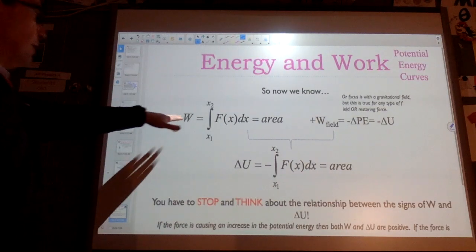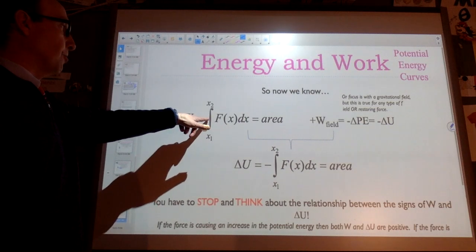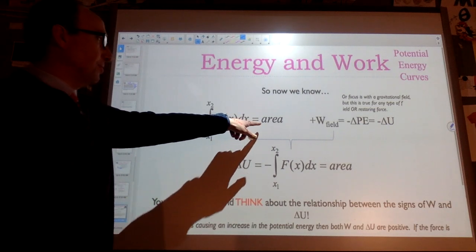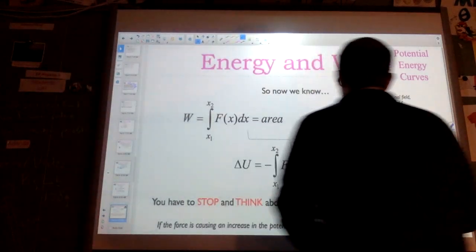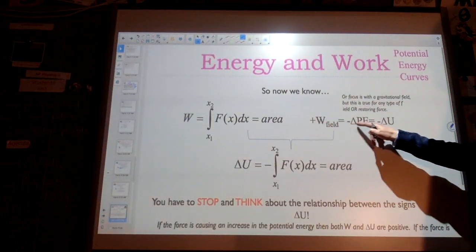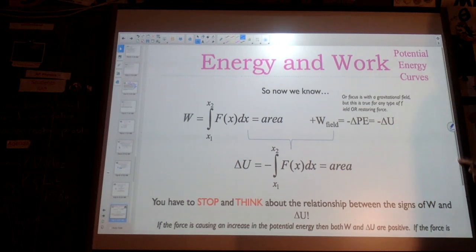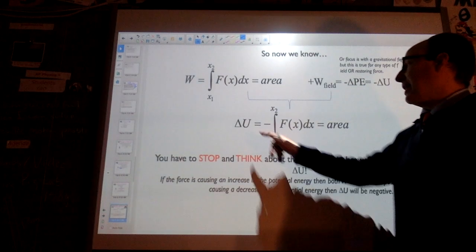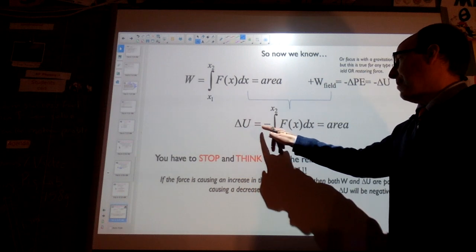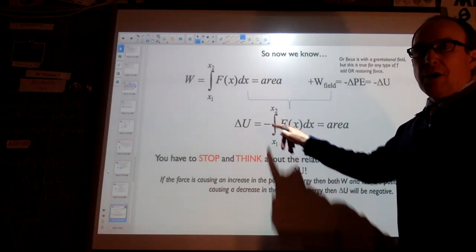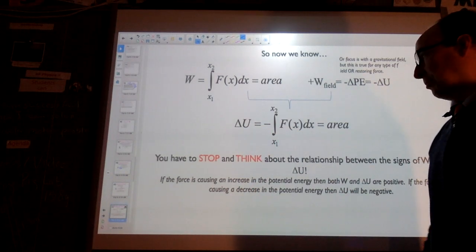So now that we know that work is equal to our integral of f of x dx, which is also equal to our area, and we know that the work of the field is equal to the negative of the potential energy, then it would come to mean that our change in potential energy is going to be the negative of the work integral.